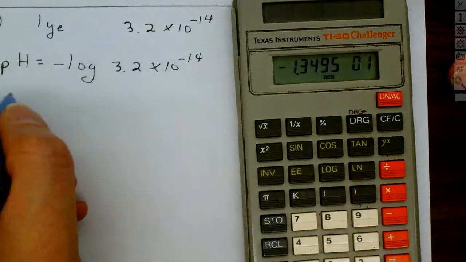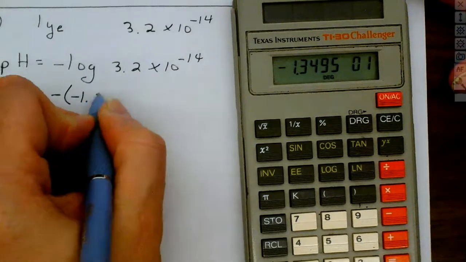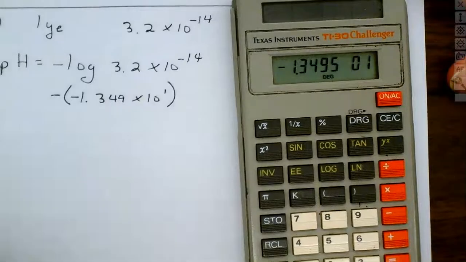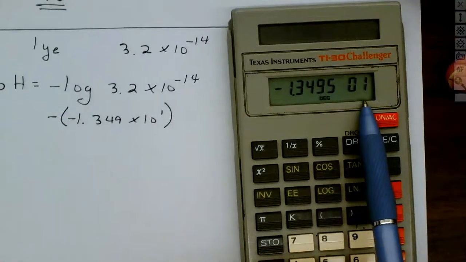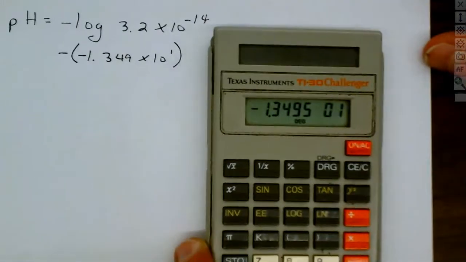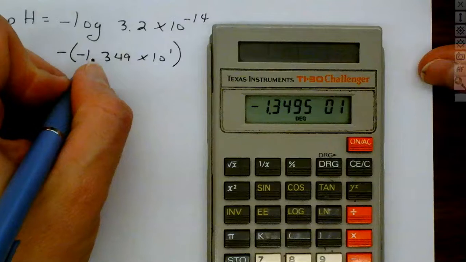Now, what did this come out to be? Let's write it down. That's what I got on my calculator screen, right? This is the power here. So, what would this look like in standard notation? If this is times 10 to the first, this would be what?